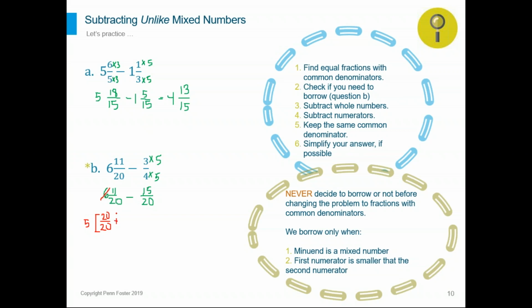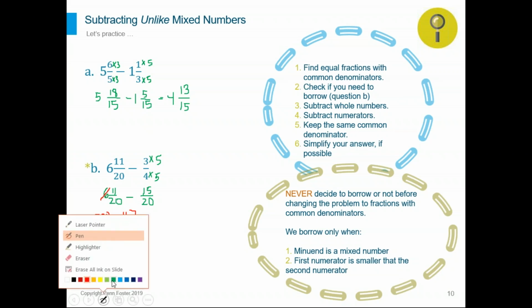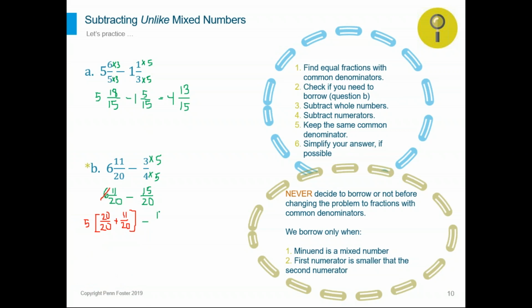I have to add this to the original fraction in the first mixed number. So add it to 11 over 20. This here in red is the first mixed number after we borrowed the 1 from the 6. We are still subtracting 15 over 20.